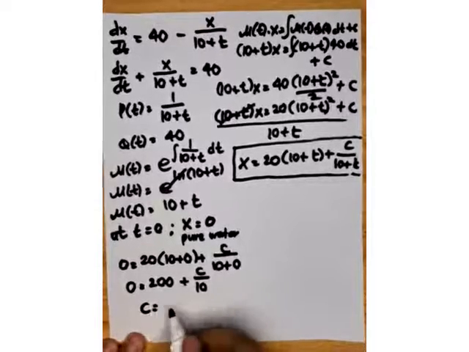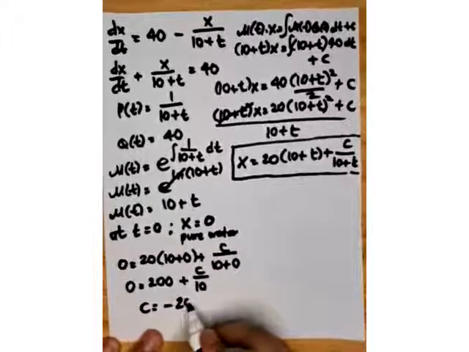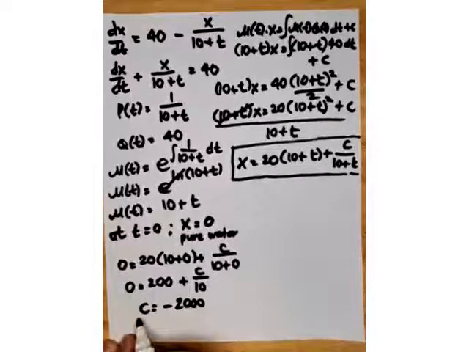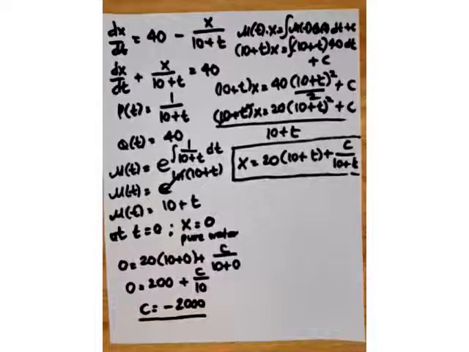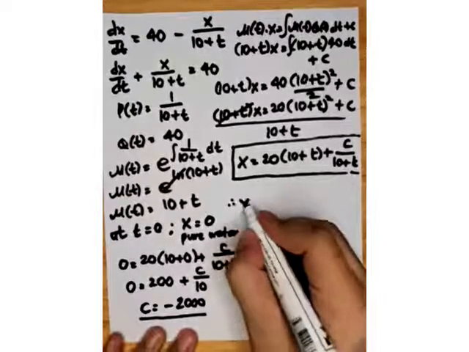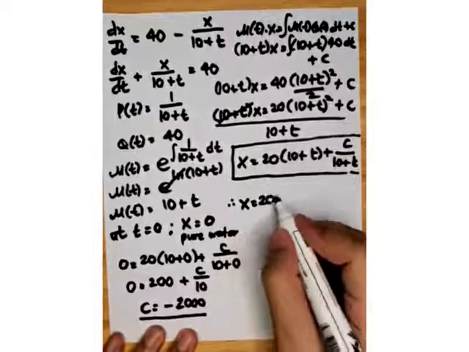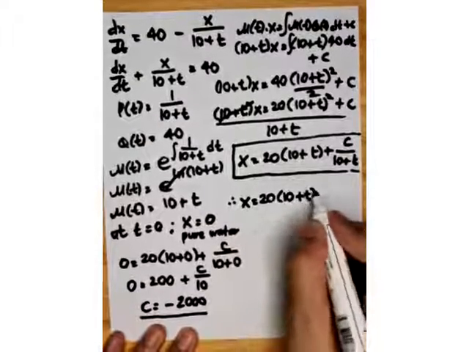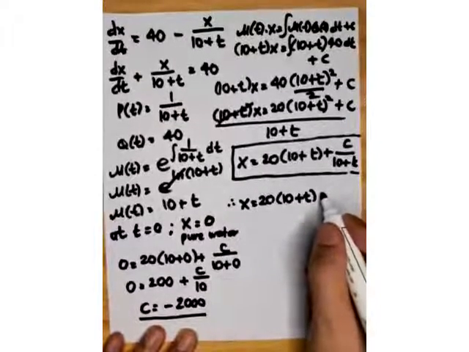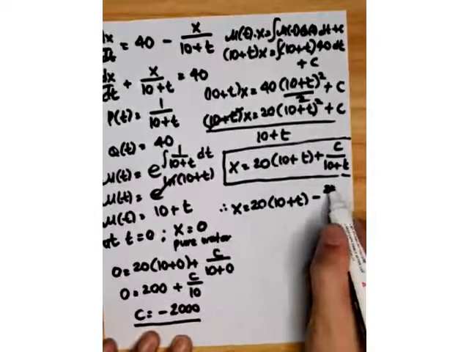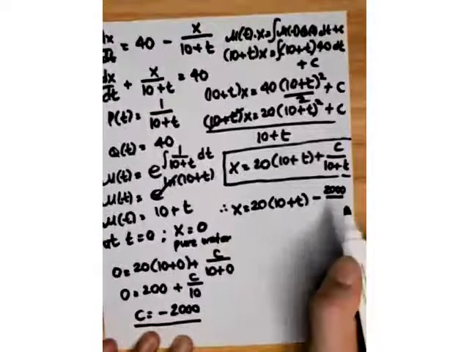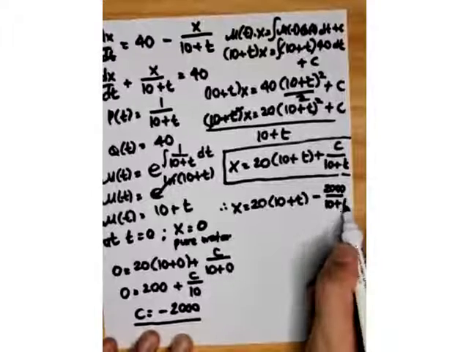So C is equal to negative 2,000. Transpose nyo, magiging negative 200, cross multiply 10, so that will be negative 2,000. So therefore, x is equal to 20 times 10 plus t minus 2,000 over 10 plus t.